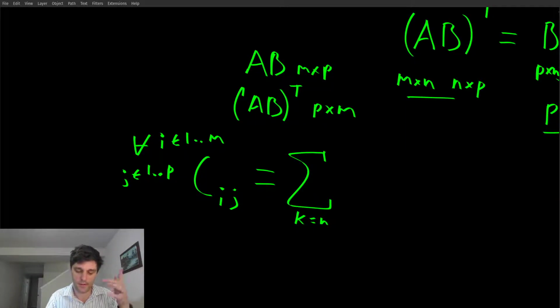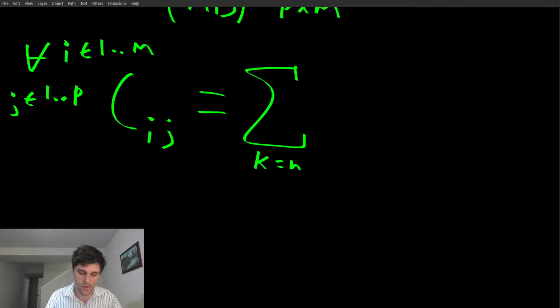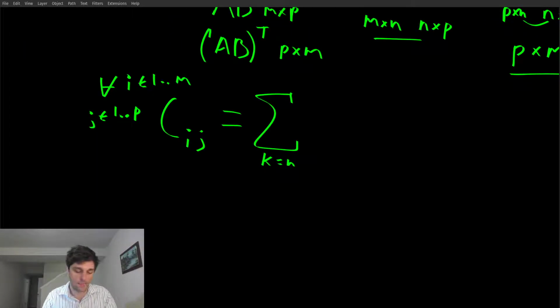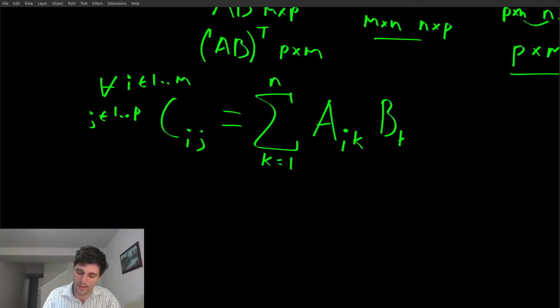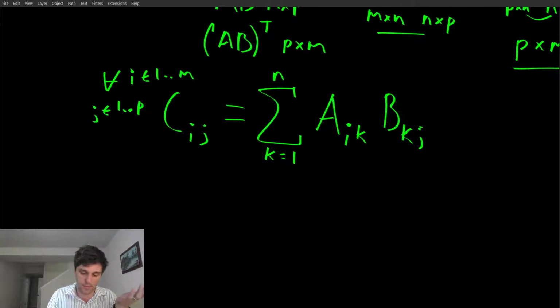Did I get that right? Looks right to me, I think. Okay. So Cij is the sum across from k equals 1 to n of A ik B kj. So that's fact number one that we're going to need, this definition of matrix multiplication.